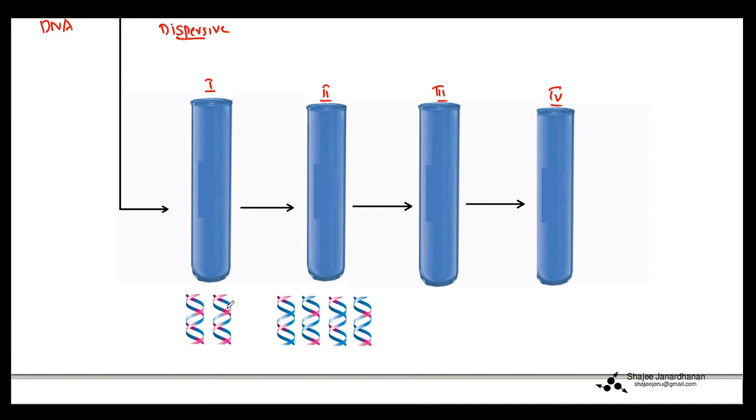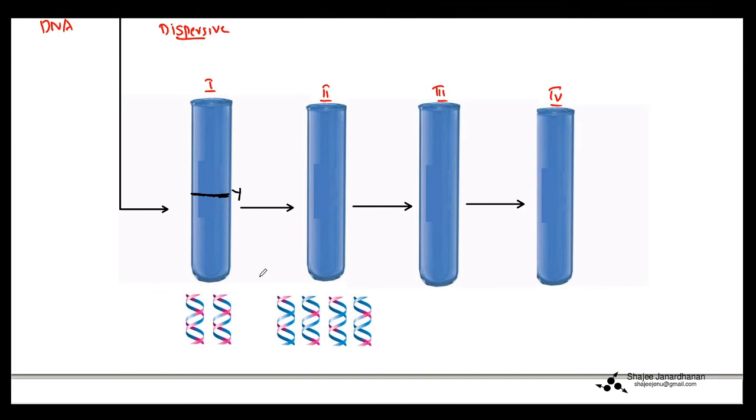They will be lighter than the parental DNA because they contain more N14 than the parental, but they are denser than the light DNA because they contain some of the parental N15 also. So like the semi-conservative mode of replication, you are going to find a new band appearing in the first generation, and that will be a hybrid band.